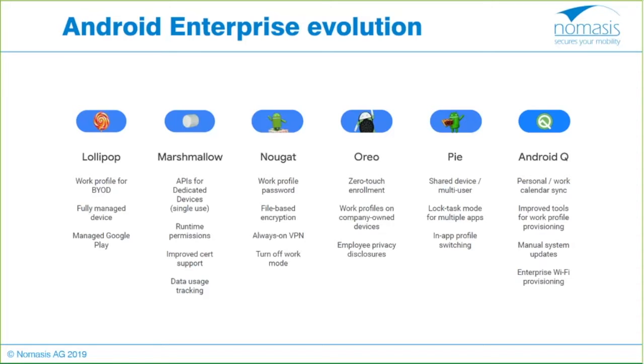We see Android enterprise now as a mature OS. It's already one of the bigger OS used for enterprise, because before Apple was the big boss, but now Android enterprise is a real deal. So let's dig into Android 10 new features and see what's happening.